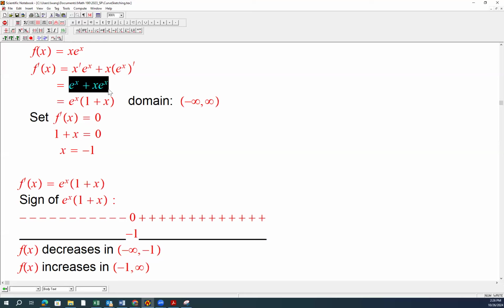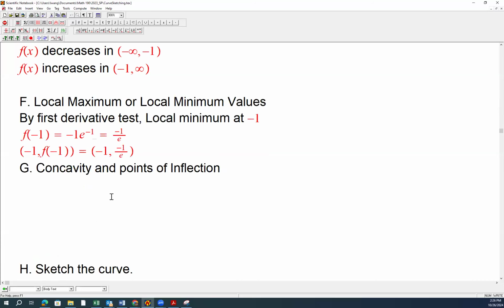I think we're going to use this form instead, but of course you can use either one, whichever you feel comfortable with, because they're the same thing. You have to use the product rule anyway.